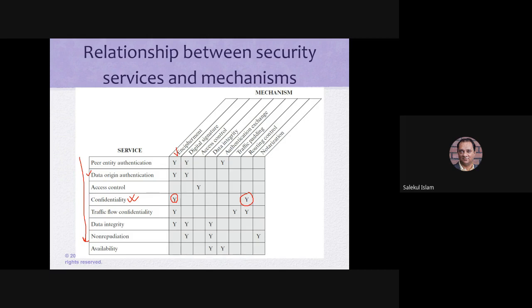So we need encipherment, that is again encryption, but only encryption is not enough. We also need a digital signature. That's why for data origin authentication, we need these two mechanisms. So from this table, you can easily understand the relationship between services and mechanisms.